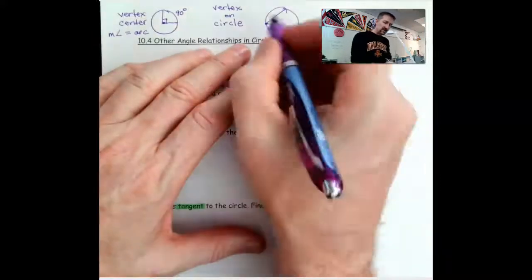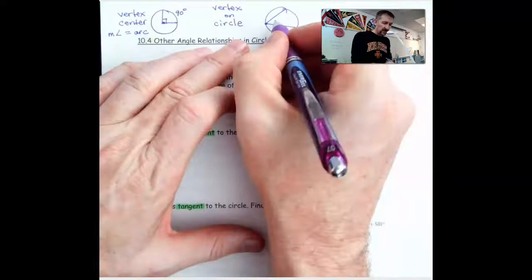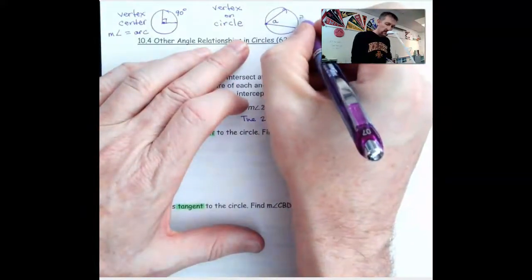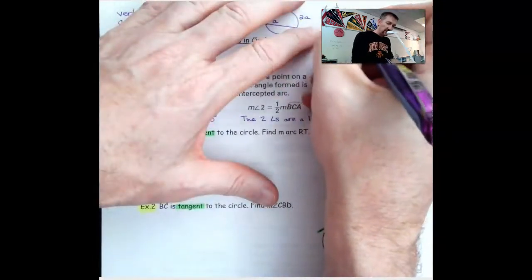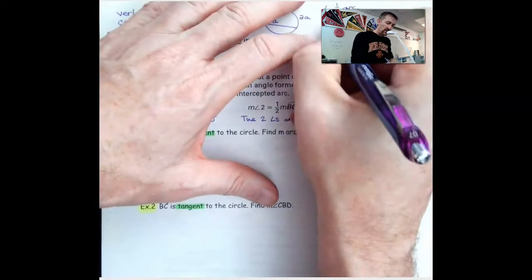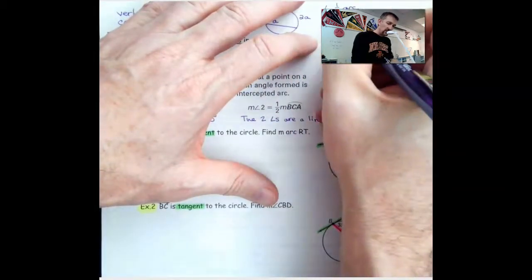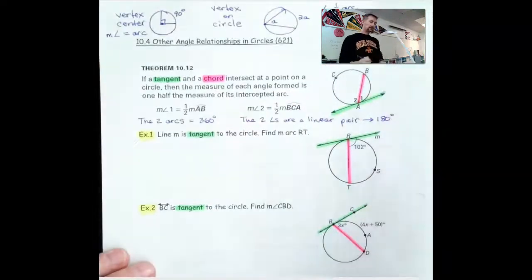Okay, if the vertex is on the circle, hopefully some of you remember, so if we say that the angle's A, then the arc would be 2A. So the angle is half the arc, or the arc is double the angle. Okay, so that's what we know coming into this.